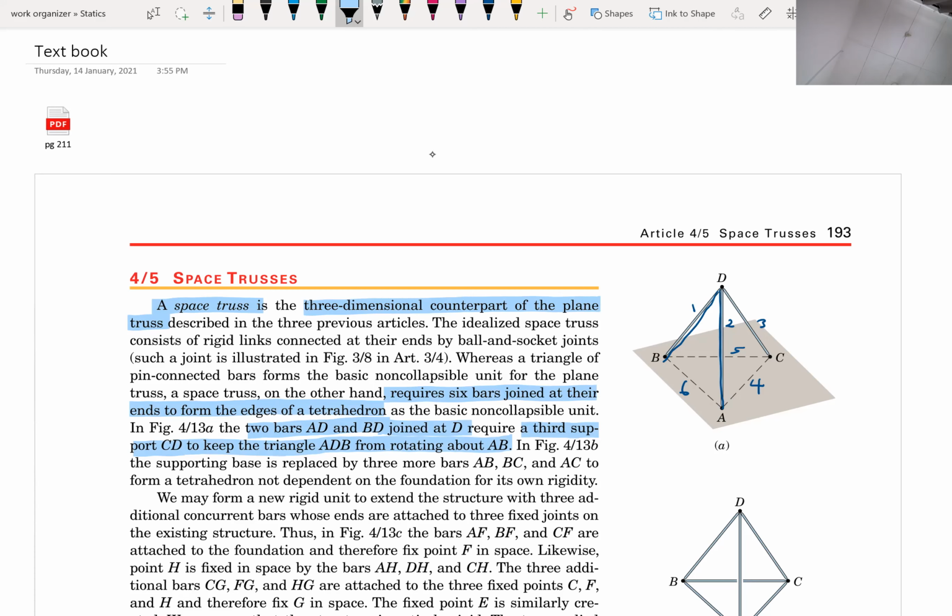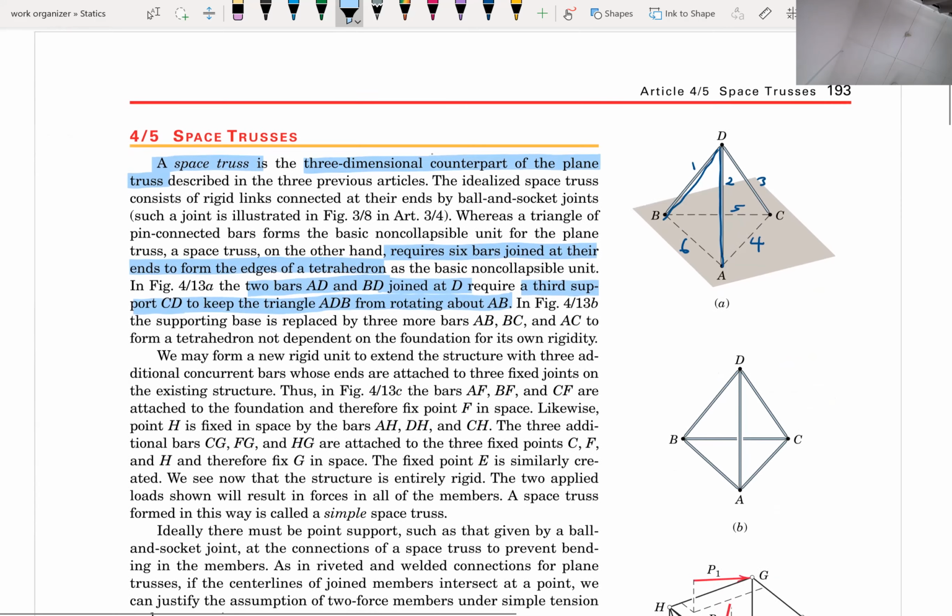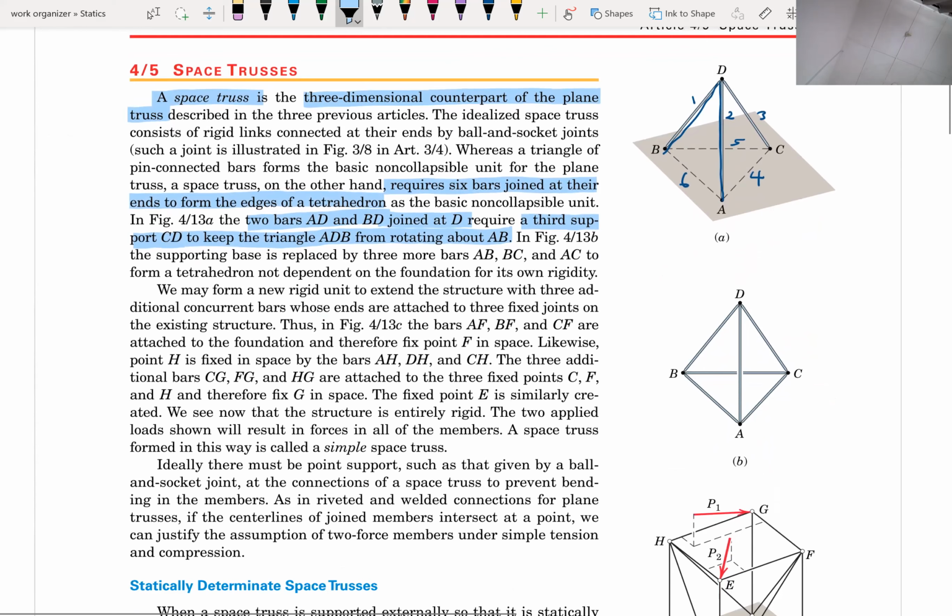Okay, next, we see in figure. So this is what I explained. So you keep this triangle ABD from rotating at AB. So they need a third support, which is CD. Okay, this is the support.